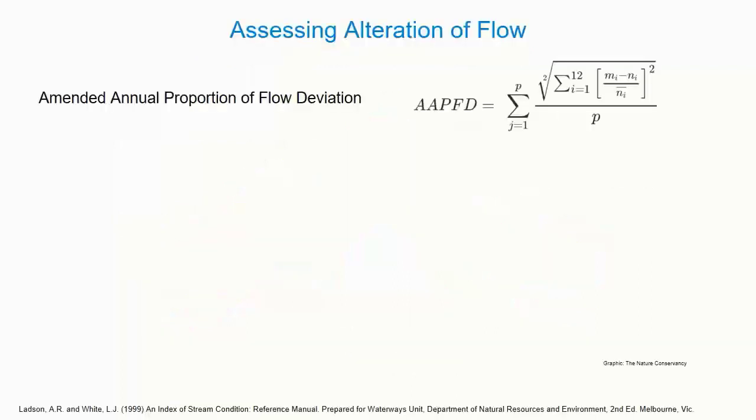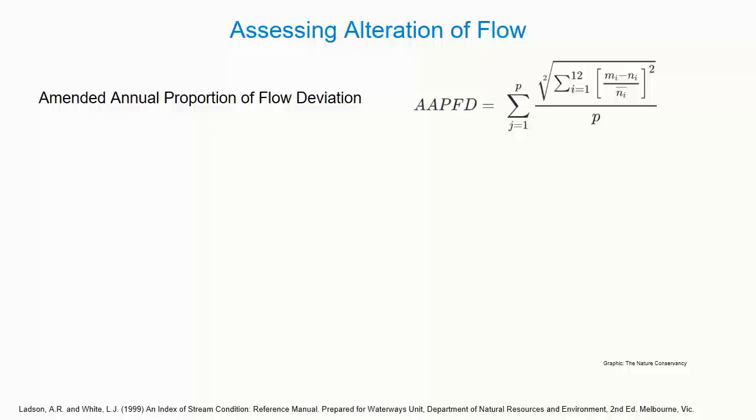A simple but effective indicator of hydrologic alteration is the Amended Annual Proportion of Flow Deviation, or AAPFD indicator shown here, originally proposed by Peter Gehrke of the New South Wales Fisheries Research Institute in Australia. The indicator is based on current and natural monthly average flows and provides an indication of the degree of alteration in those flows.